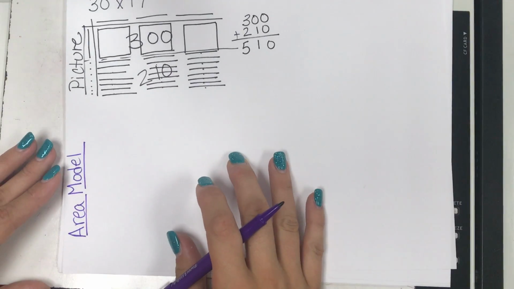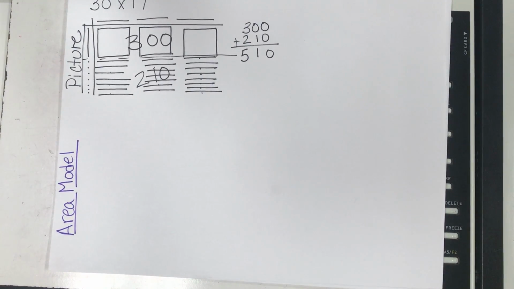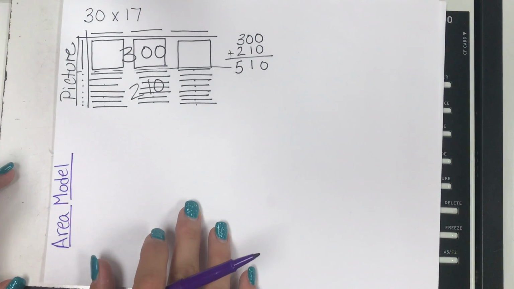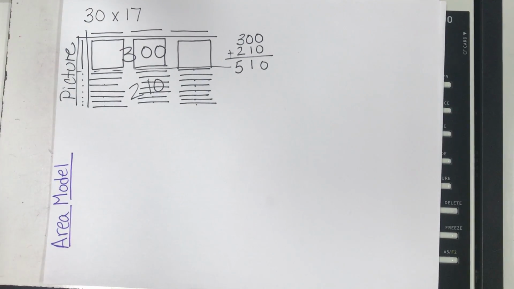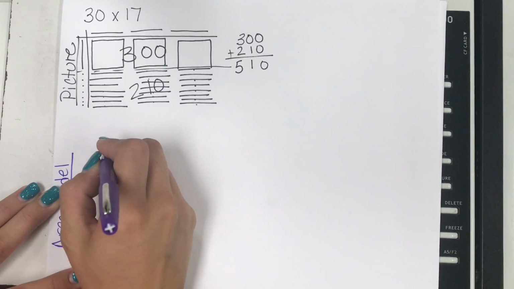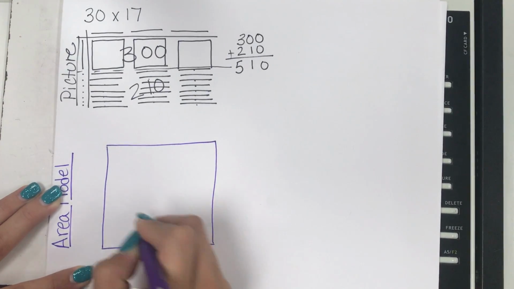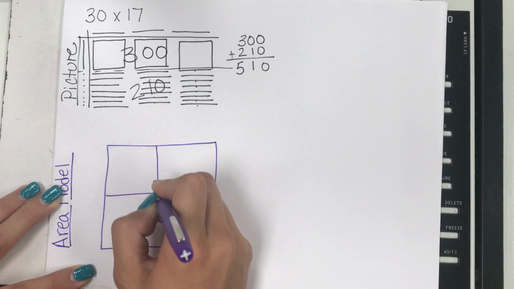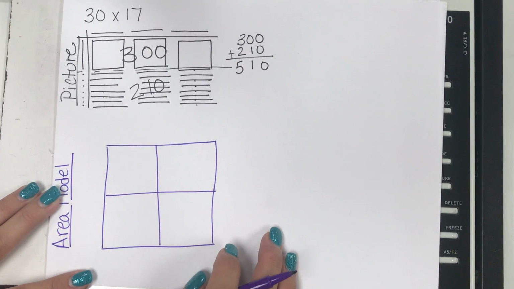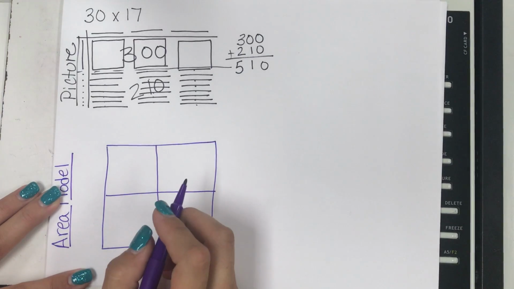When I do my area model, what do I need to do? I need to go ahead and draw my box. Now, in this example, I'm doing 30 times 17.